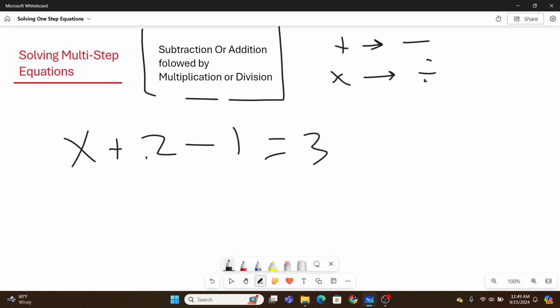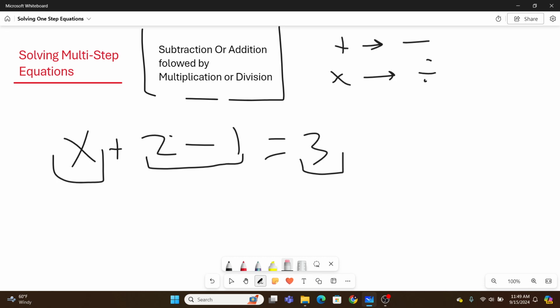For example, these are all like terms because they're all numbers. However, this is not part of this group because this is a variable. So we cannot combine this, we cannot add x plus 2 and get an answer, obviously, because x is in a different group than 2 and 1 and 3.